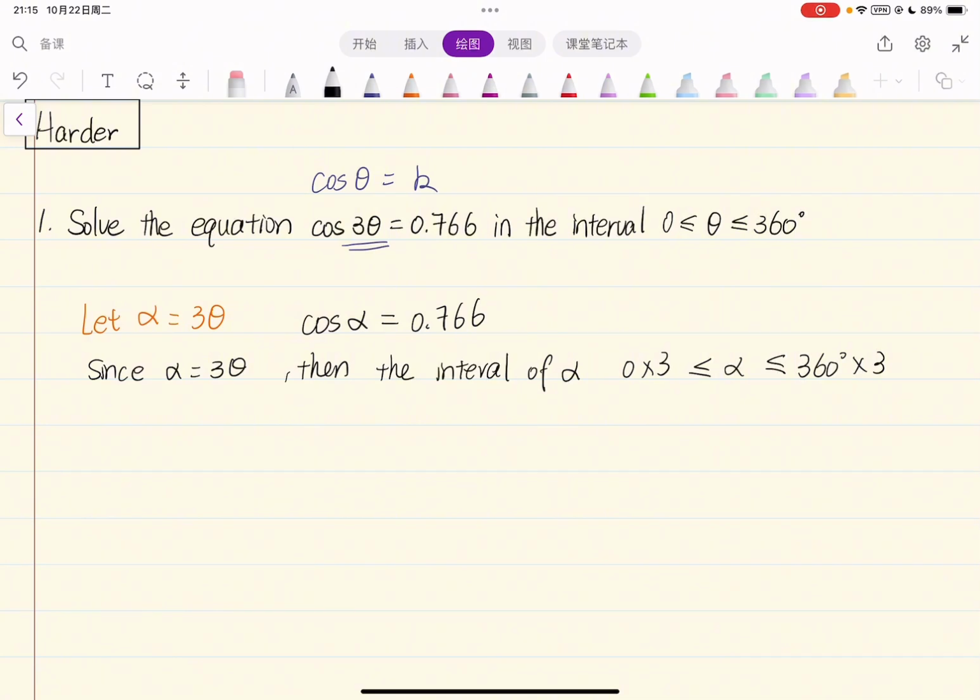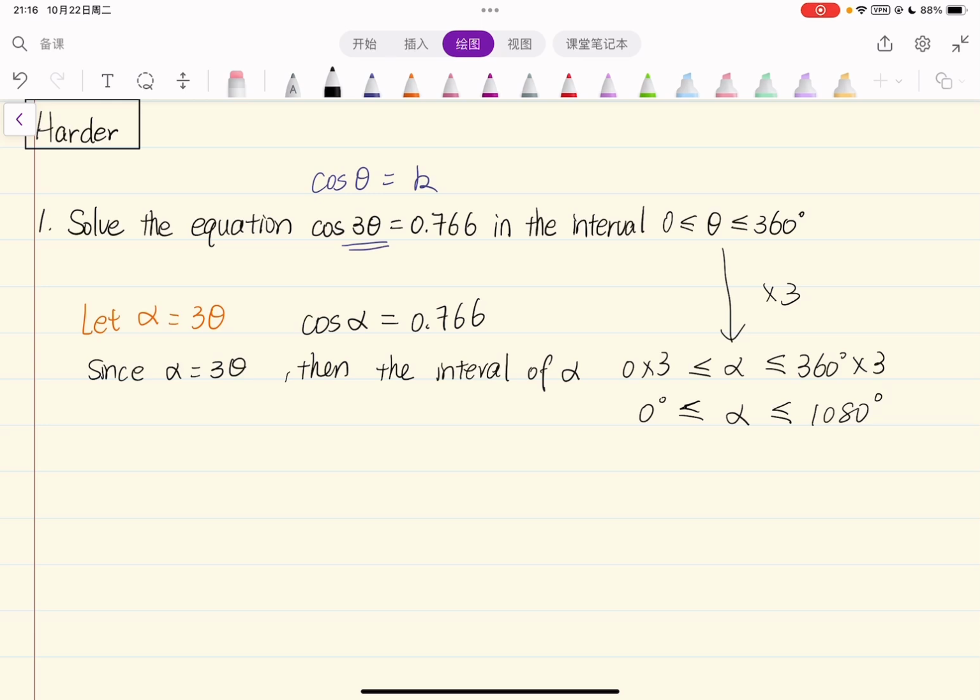So we multiply the interval of theta by 3 to get the interval of alpha. So alpha is less than or equal to 1080 degrees, greater than or equal to 0 degrees.